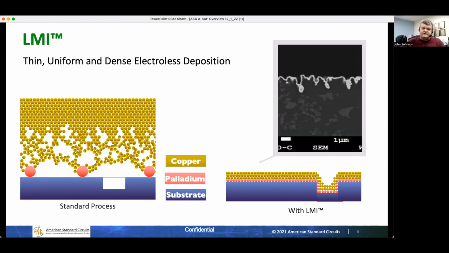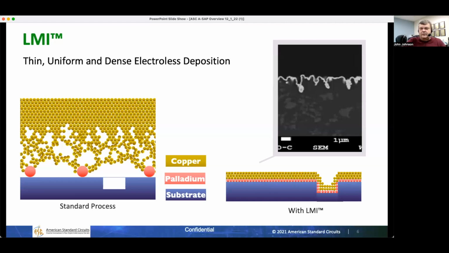Right. Yeah. So this slide illustrates what happens in a standard process where you have palladium deposited out of an aqueous solution that is kind of dispersed, and the copper tends to build slower, and it's less dense during the immediate stages of plating. And over time, it'll build up a thickness dense enough that it'll support an electrolytic copper plating.